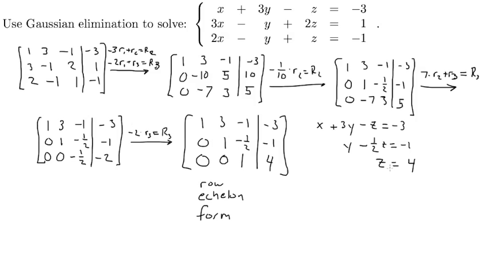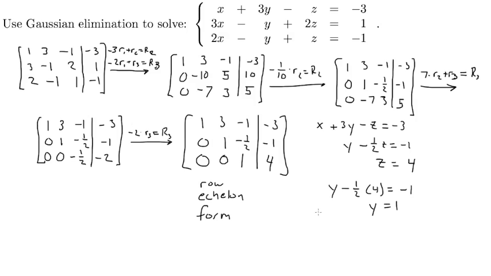So since I know what z is, I can plug it into my second equation to solve for y. So y minus 1/2 of 4, that's going to be negative 1. So that's going to be y minus 2 equals negative 1. So y equals positive 1.